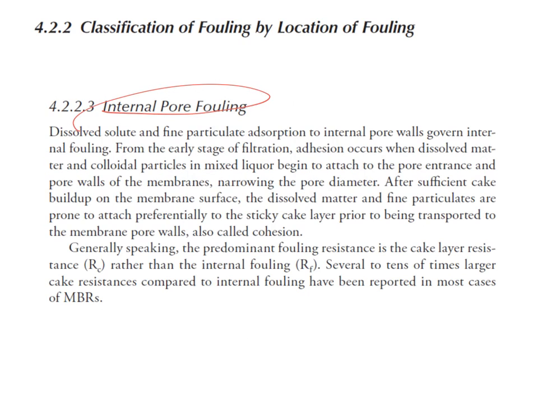And this fouling resistance happens in the early stage, because once the cake layer is formed, this internal fouling may be retarded. So generally speaking, the predominant fouling resistance is the cake layer resistance rather than this internal fouling, especially in the MBR process.